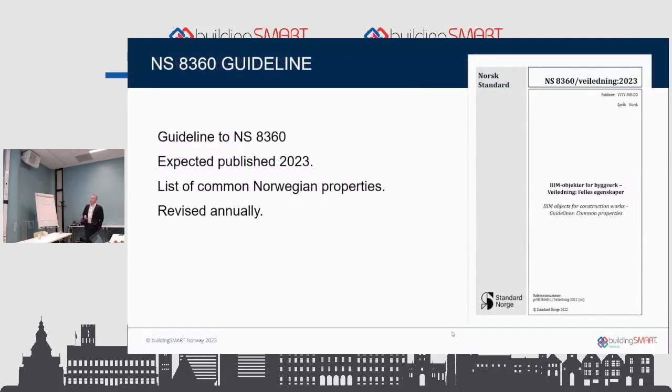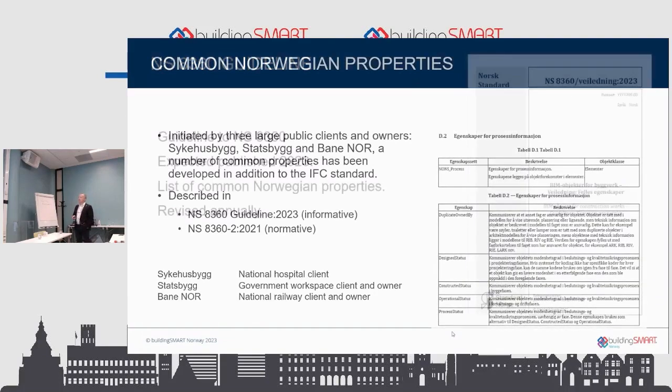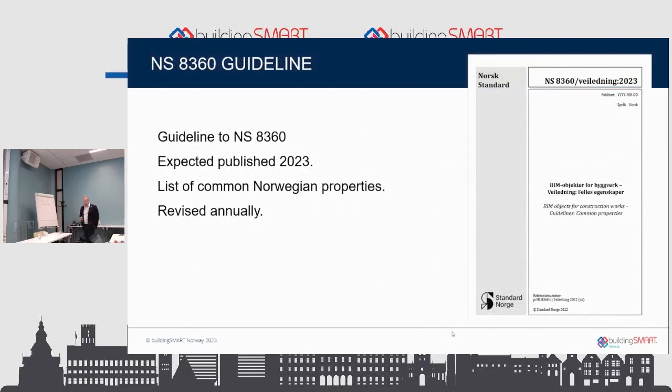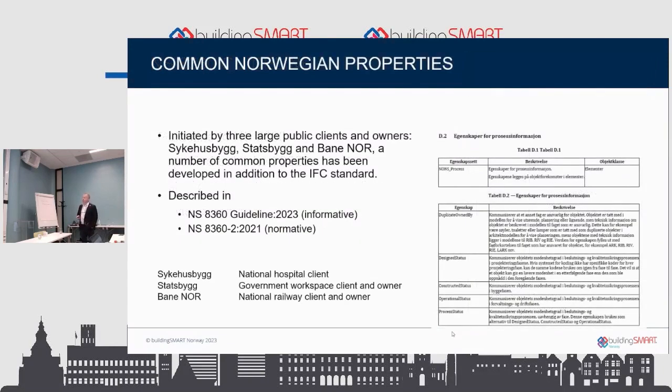And this is the guideline we have split out. It was actually an appendix of part 1, the 8360 part 1, which is now for common Norwegian properties, and has become its own guideline that we can renew, ideally annually, when we get more experience using this.